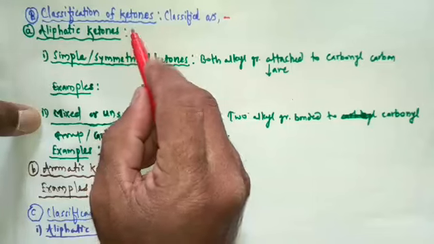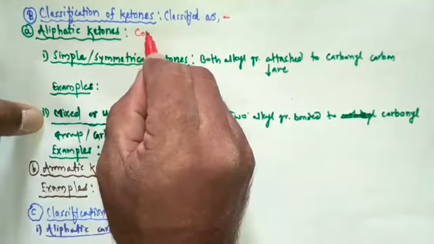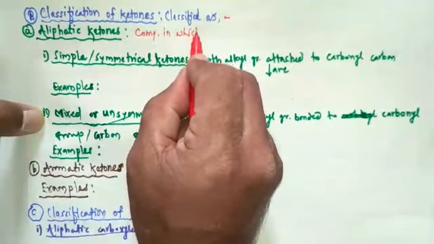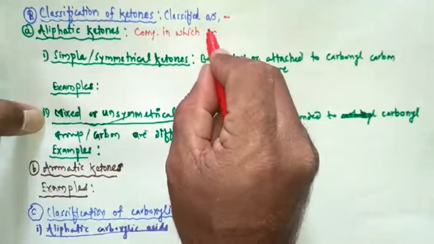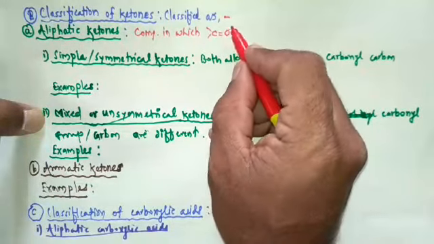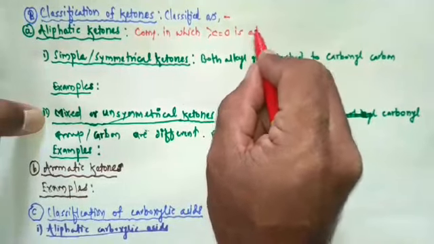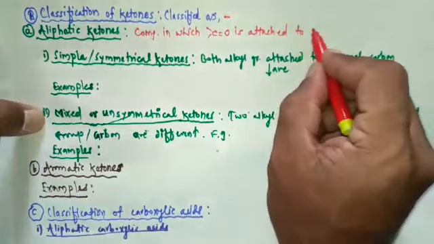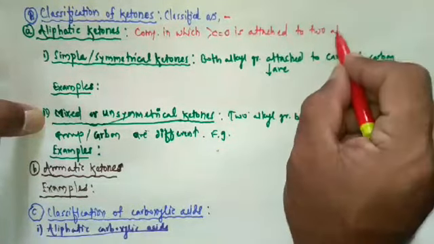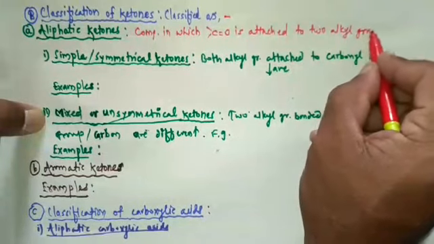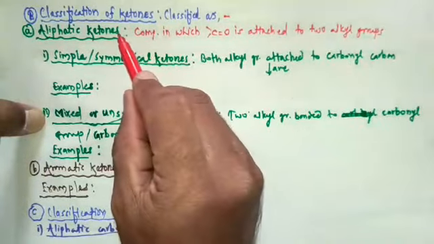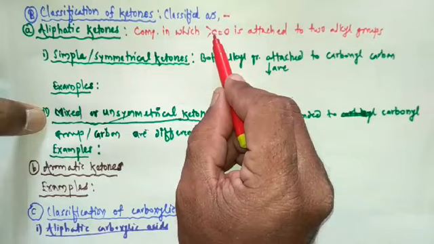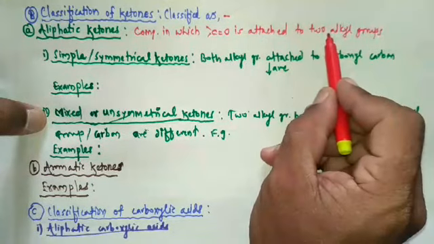So aliphatic ketones are nothing but compounds in which the carbonyl group or carbonyl carbon is attached to two alkyl groups.